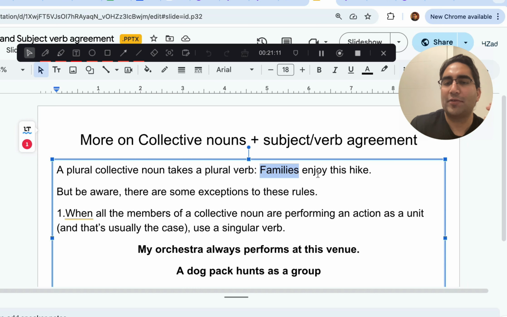Now here we have families enjoy this hike. You can see enjoy is a verb that is singular, and it's being used with plural noun here. And that's again because we're considering families to be plural. Families enjoy. But if I were to say family, then I would say enjoys. Okay? Because that family would be considered singular.